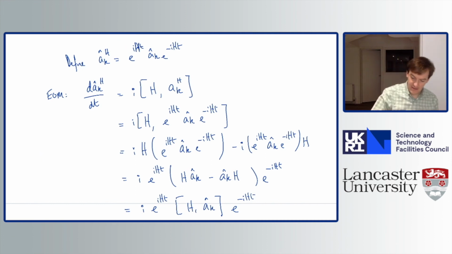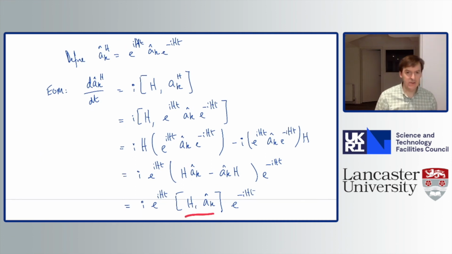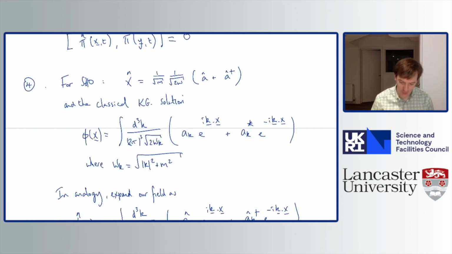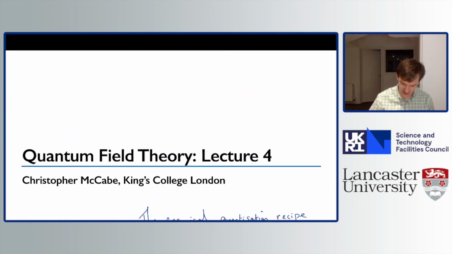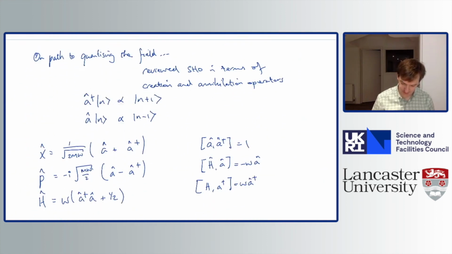So this is actually a commutator that we know from our study of the simple harmonic oscillator, or at least, yes, we're going to assume we know something about it. So let me remind you what we know based on the 1D simple harmonic oscillator. Let me go all the way back.